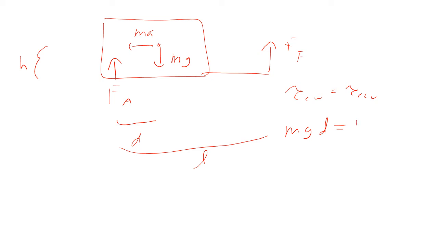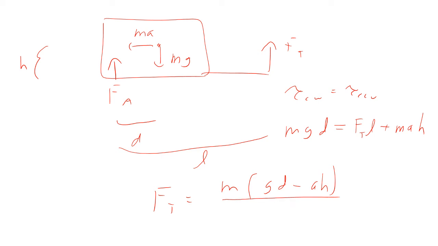Like before, that's going to be F of the trailer hitch times L, but it's also going to be ma times h. So we say, okay, FT is now going to be m(gd minus ah) over L.